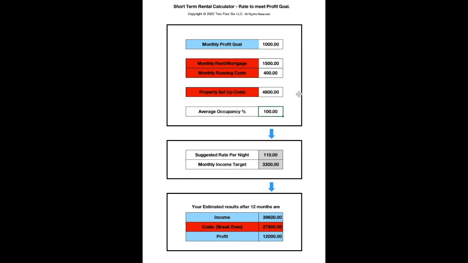So at the end of 12 months, I will have paid back all of my setup costs, obviously all of my monthly costs, and the figure shown here, the $12,000, is clear profit on top of all of that.